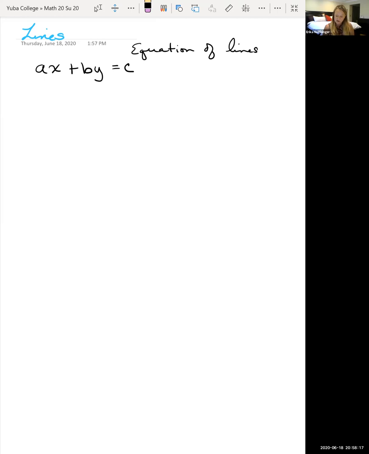A lot of times though, if you rewrite it and you solve for y, you have y is equal to mx plus b, another form of how they write it. When it's in this form, this tells us a lot of things about the graph. m is equal to the slope of the line.